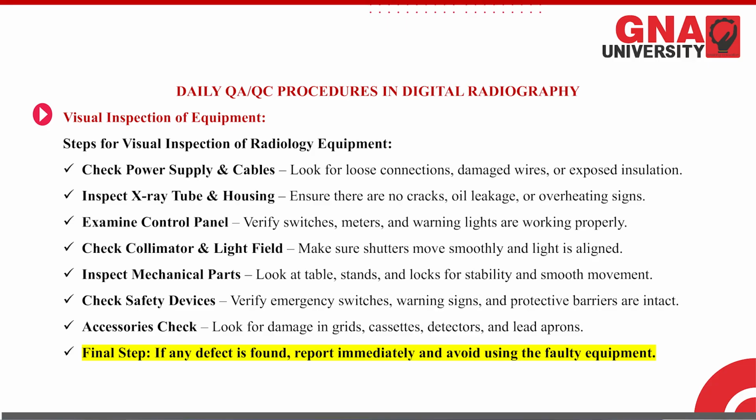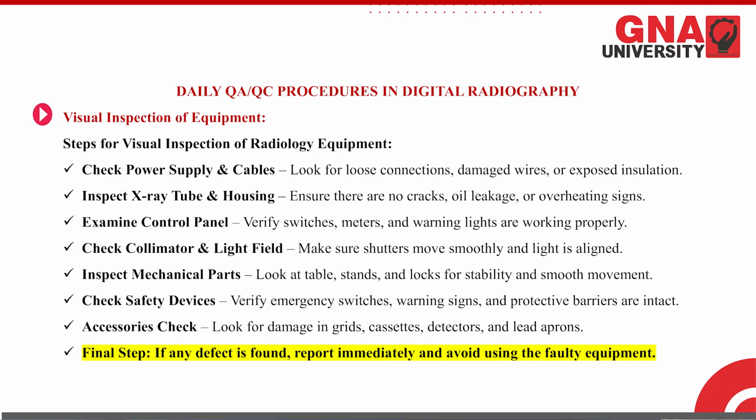We have to look for any loose connection in the cables, any damage in the wires, and any exposed insulation in the wires. Next, inspect the X-ray equipment and housing, that is, check for any crack in the housing, any oil leakage from the X-ray tube, and any overheating sign of the X-ray tube. We have to check all those things.